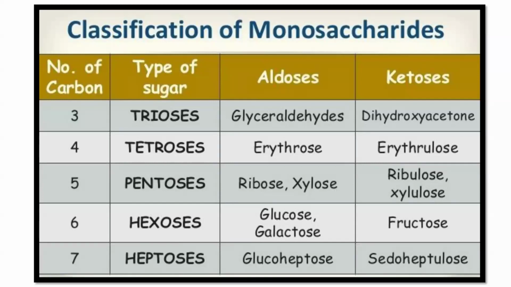We have trioses, tetroses, pentoses, hexoses, and heptoses. And on that carbon number, they may also have different functional groups, so each of them has aldoses and also ketoses.